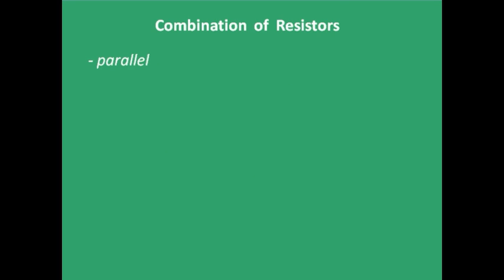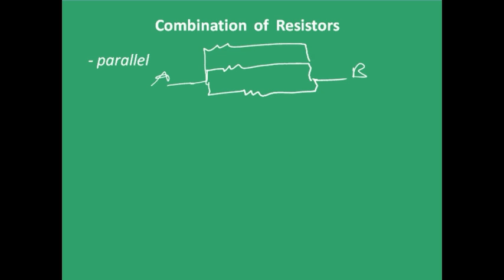When some resistors are connected in parallel connection, say you have 2 points A and B. This is one resistor, this is another resistor, and this is another resistor. R1, R2 and R3 connected across 2 points.